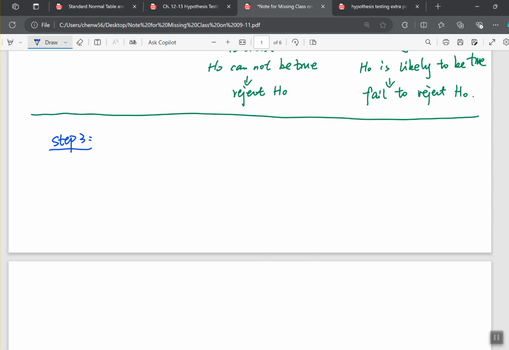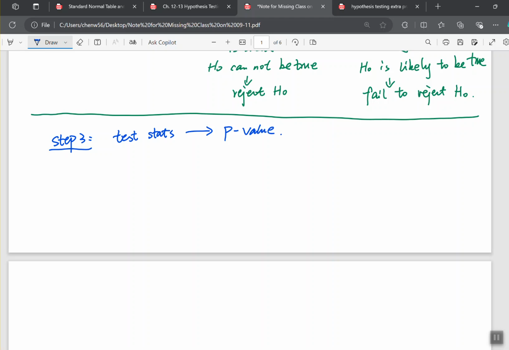to step 3, right? So now we have either a z or t test statistic. Then we want to use this test statistic to find the corresponding p-value, right? Of course, there are many ways to use the test statistic to find the p-value, either by your calculator or by any software.